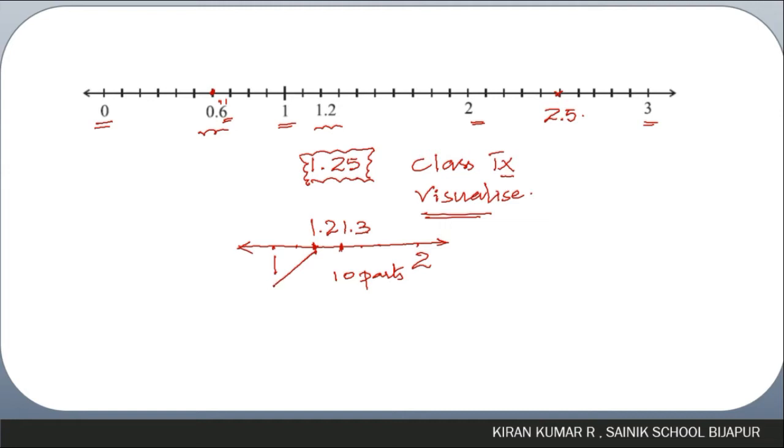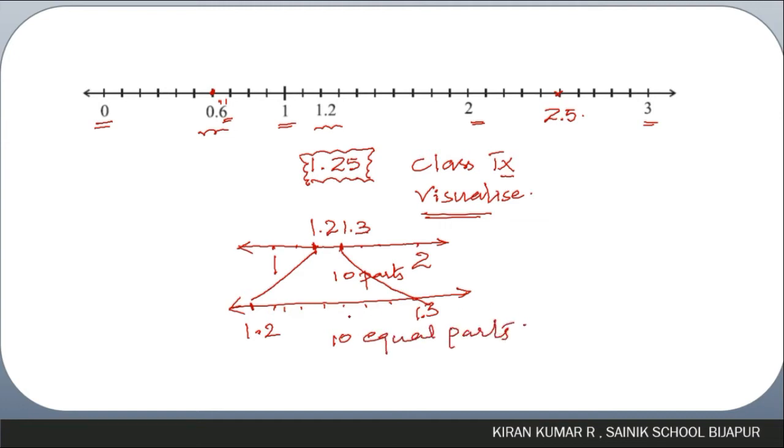Now if you magnify the length between 1.2 and 1.3 and make 10 equal parts again, the fifth part will indicate 1.25. This is how we visualize a decimal number on the number line, which you are going to learn in detail in class 9th.